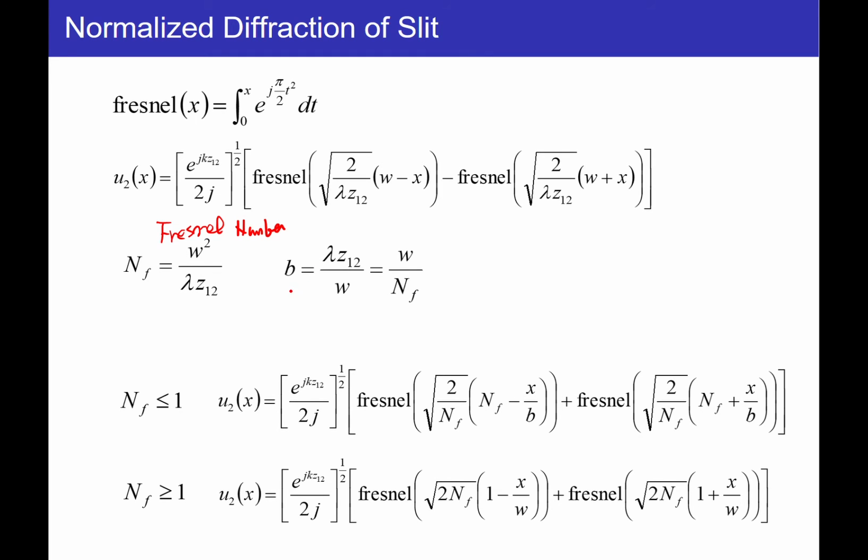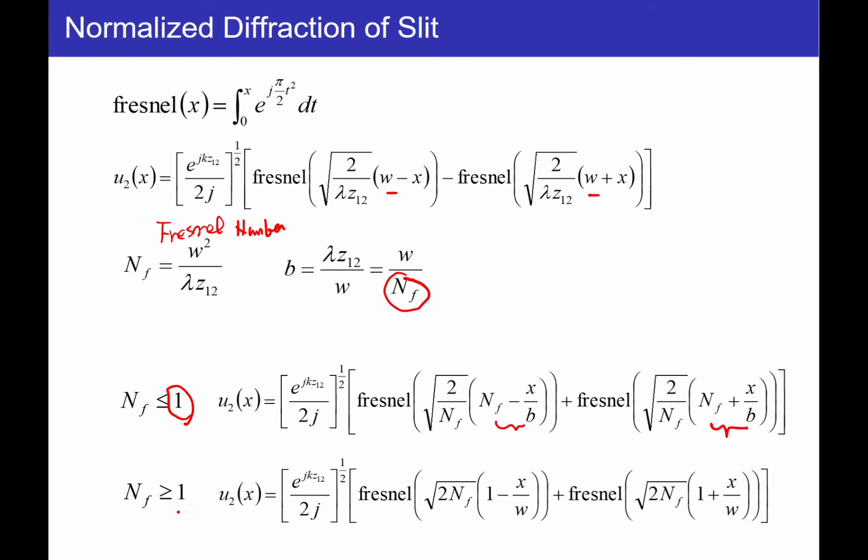Okay. And then we have B given by lambda z12 over W, which is basically W over the Fresnel number. Okay. And then we note that depending upon the two cases, if the Fresnel number is less than or equal to 1, then we have this NF minus BX, NF plus BX term coming in, okay, from here.